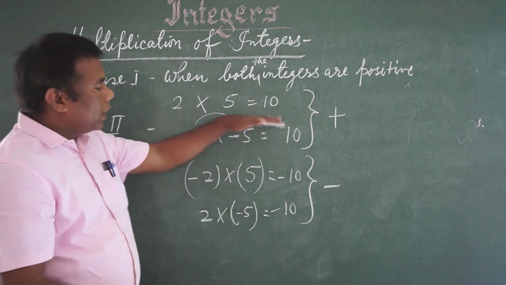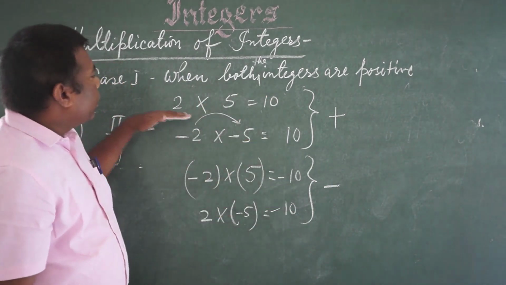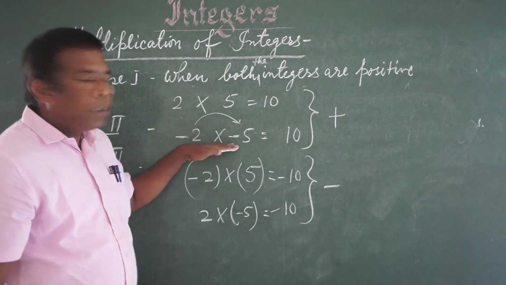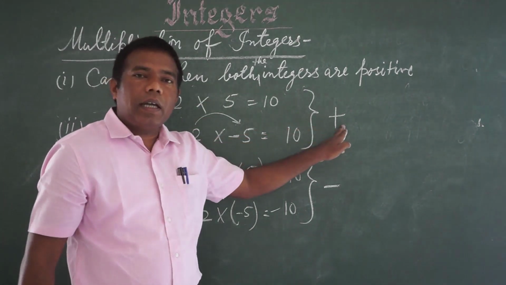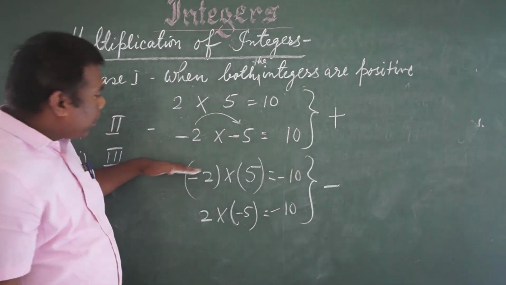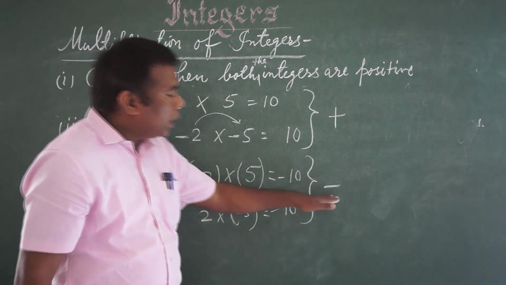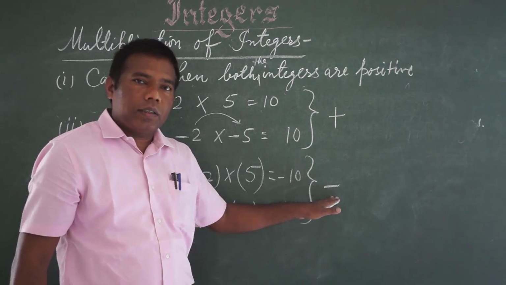So very simple things. If same signs are multiplied, you get a positive sign as a product, and if opposite signs are multiplied, you get a negative sign as a product.